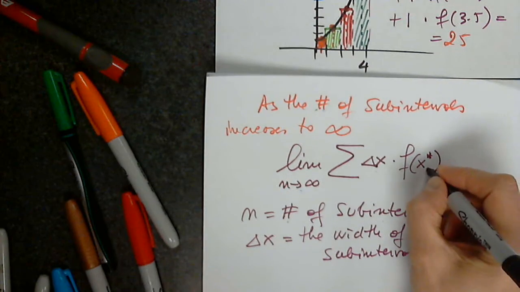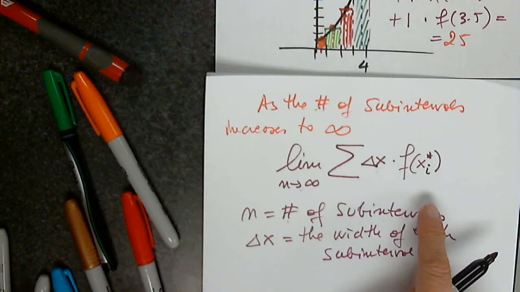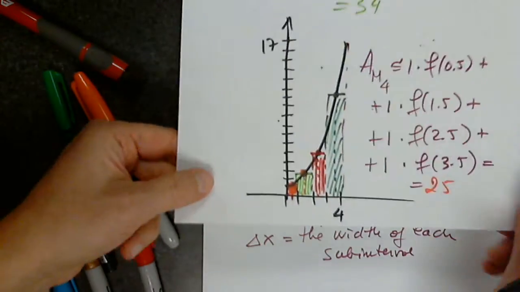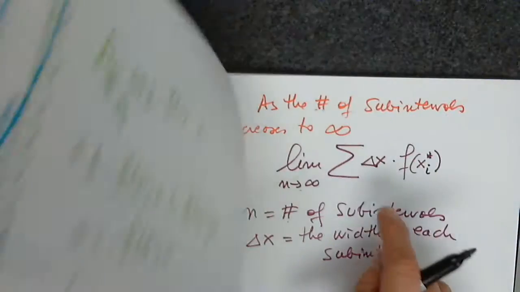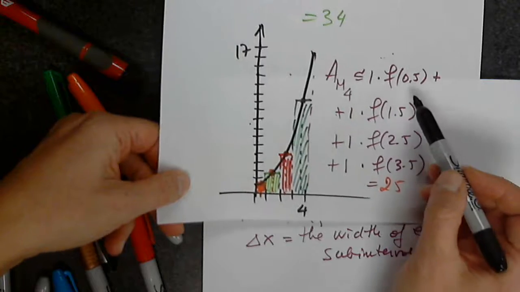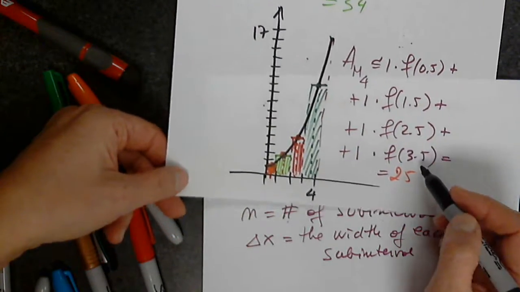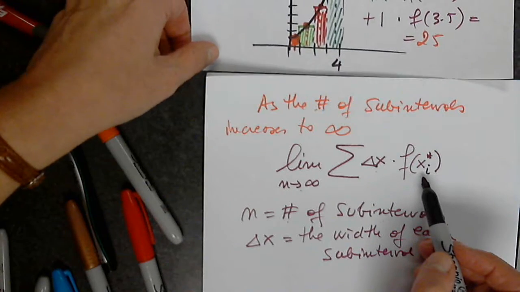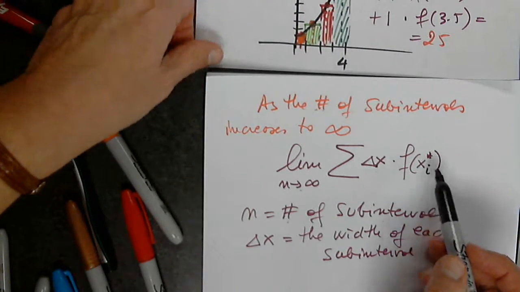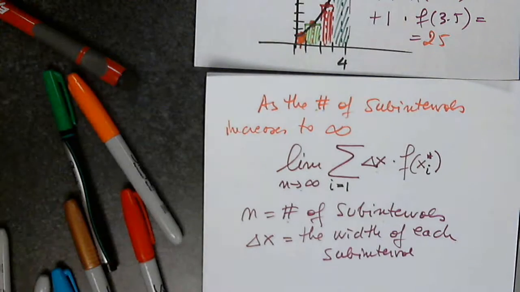And of course, I also have to put an i in there. Why do I put x i? See, this does not change. It's delta x. But this changes from 0.5 to 1.5 to 2.5 to 3.5. So that's why this is not just x. It's x i star. From i equals 1, from the very first subinterval till the last one.